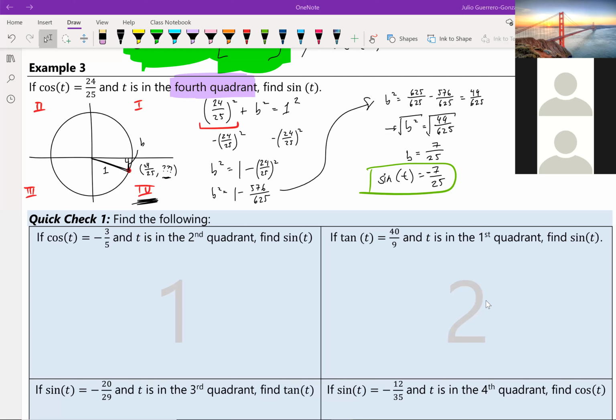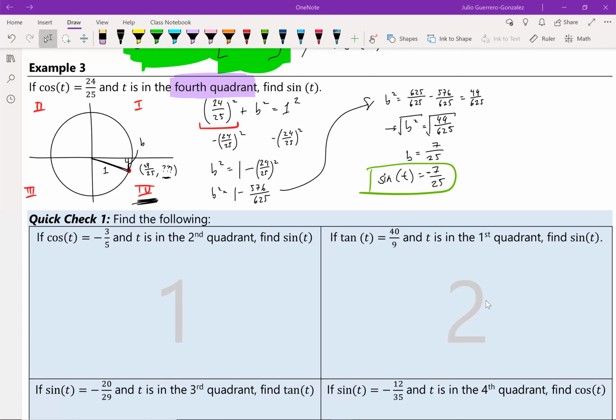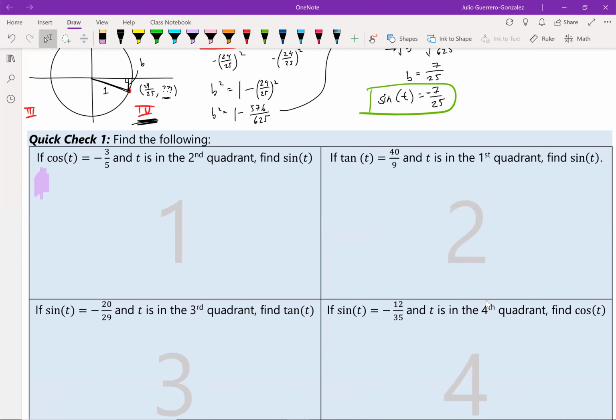Okay. So I'm going to go ahead and do a couple of them. Where's my pen? I'm going to skip the very first one and do the second one. I'll show you guys a different way to do it for number one.